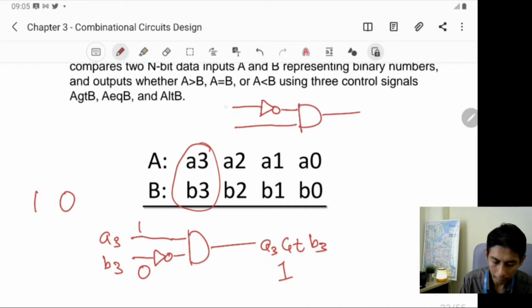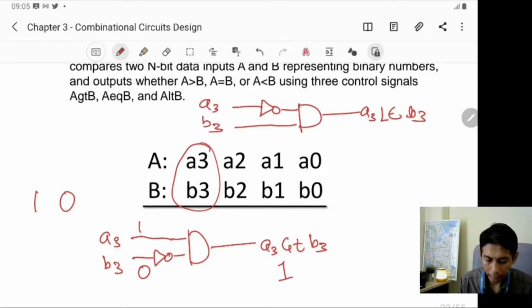So we have A3 LT B3. So if this is A3, B3, and A3 equal to 0 and B3 equal to 1, we have here equal to 1, meaning that A is less than B. So that is the idea to compare 1-bit numbers.